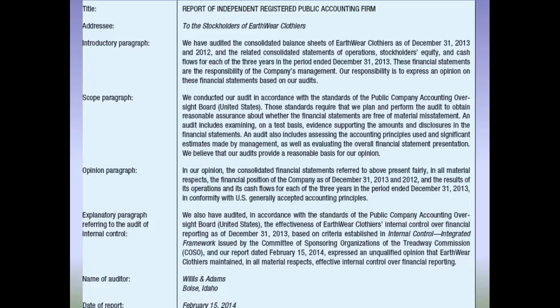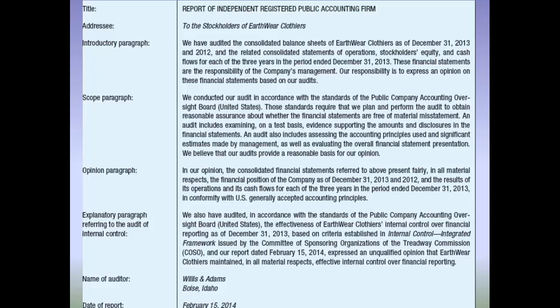Now, a couple things to keep in mind is that the title in this case is the report of the independent registered public accounting firm. Keep in mind that this is an audit report for a publicly traded company, and these audit standards are actually coming from the Public Company Accounting Oversight Board, part of Sarbanes-Oxley, which we'll talk about later.